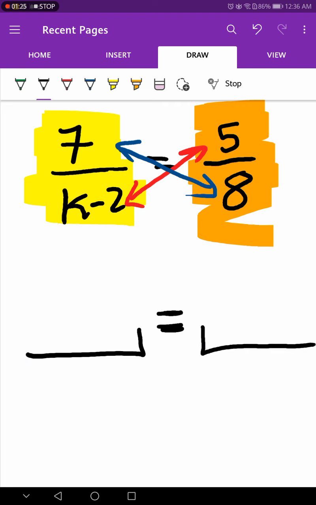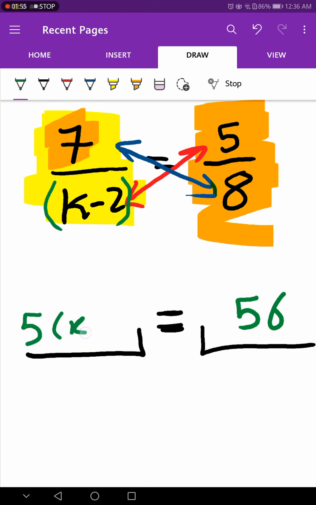Okay, I will start with the number 8 multiplied by 7 equal 56. And 5 multiplied by k minus 2, or negative 2, it is equal 5 multiply (k negative 2).